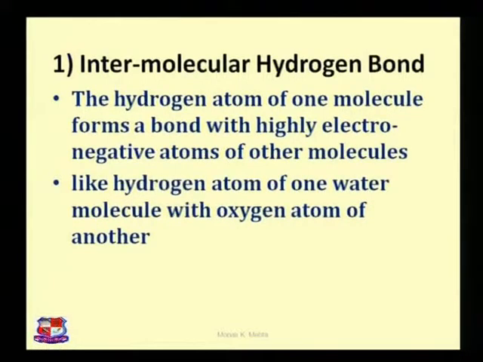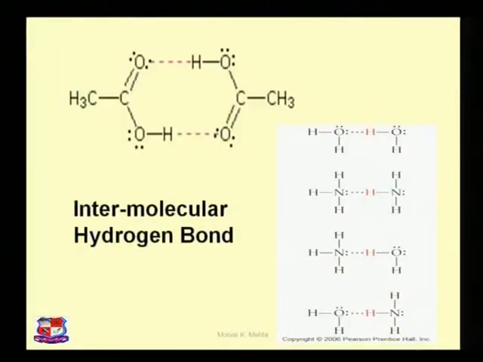In intermolecular hydrogen bonding, the hydrogen atom of one molecule forms a bond with a highly electronegative atom of another molecule, like the hydrogen atom of a water molecule with the oxygen atom of another molecule. Let's see examples of intermolecular hydrogen bond.